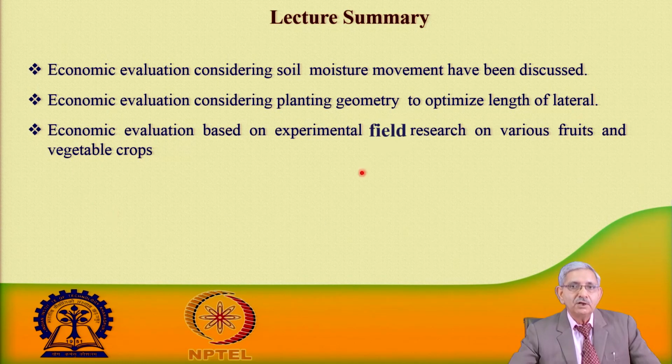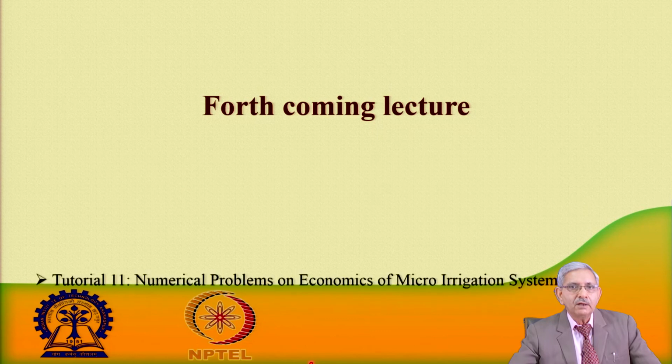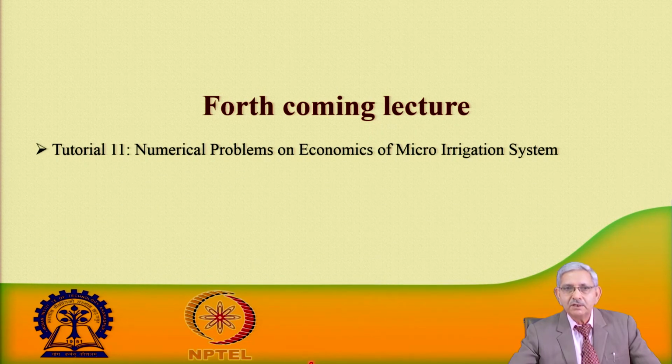Then we also did experimental field research work and evaluated the economics of the fruit crops and vegetable crops. In the forthcoming lecture we will be working out a numerical problem on economics of micro irrigation system in tutorial 11.